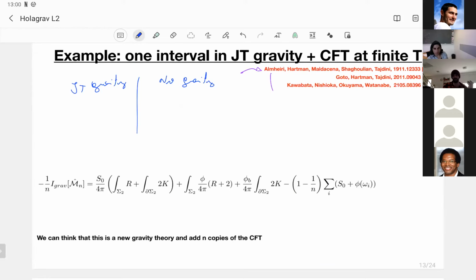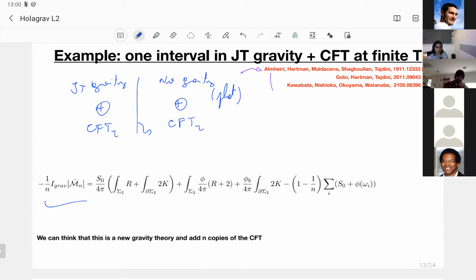That is the easy thing, but gravity in 2 dimensions is nothing unless you have some trick, and JT gravity has a trick, this scalar field. And on top of that, we are going to have a CFT2 on both sides. On both sides, there is the same CFT2, and we'll have transparent boundary conditions on the interface between gravity and no gravity. So this is the setup in this example.